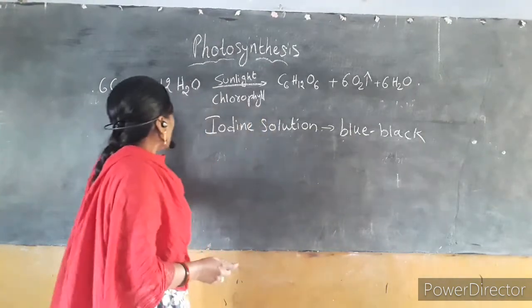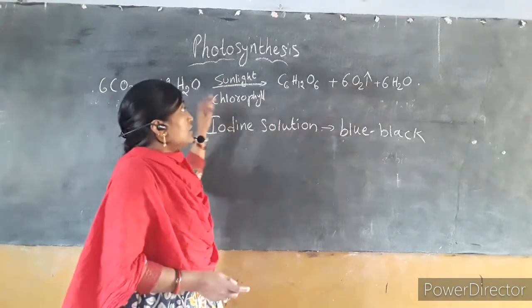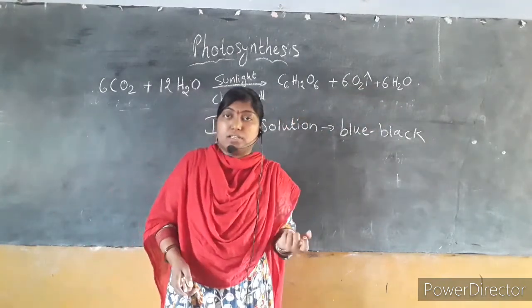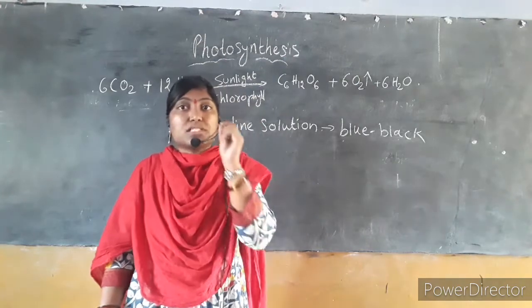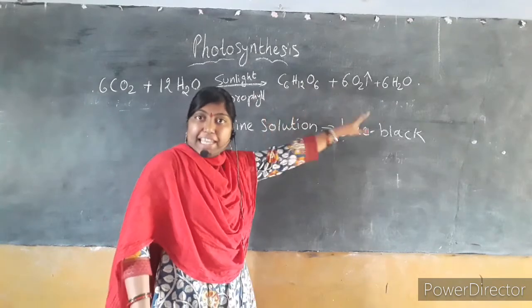Now, here I have written the balanced equation, and based on this equation, we may create some questions. Now I am going to ask you some questions based on this photosynthesis equation.